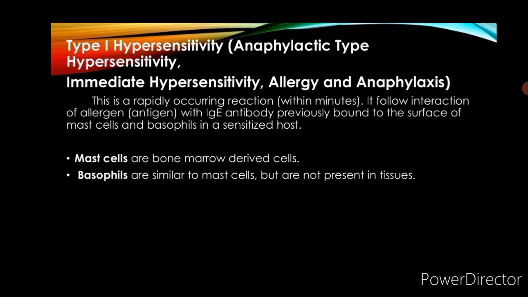Membrane-bound granules with a range of biologically active mediators are found in their cytoplasm. Basophils are similar to mast cells but are not present in tissues. Instead, they circulate in tiny numbers in the blood and can be recruited to inflammatory areas like other granulocytes.